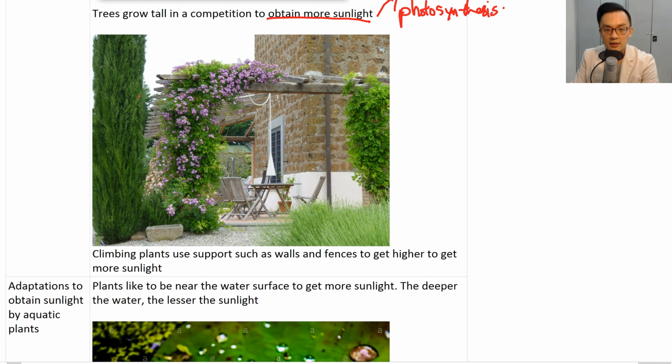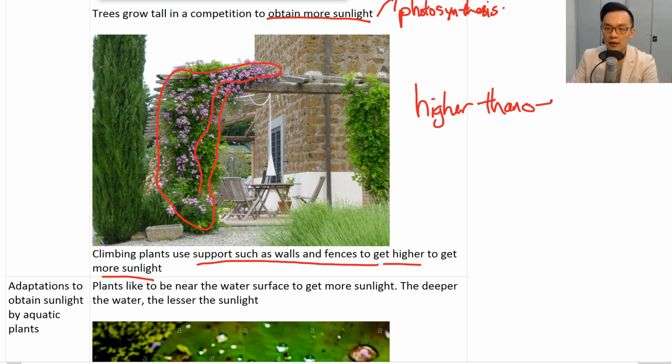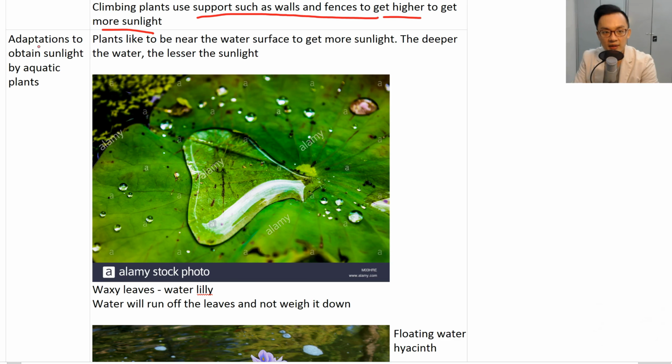So other kinds of plants, like this climbing plant over here, they will use support such as walls and fences to get higher, to get more sunlight.